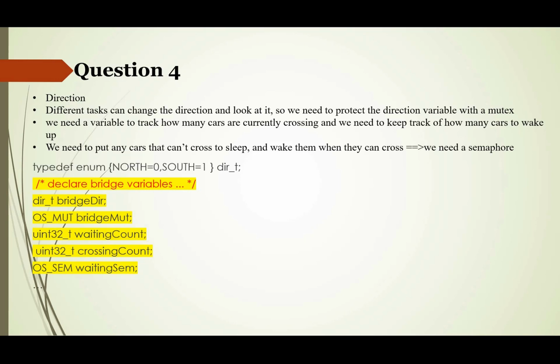We need a variable to track how many cars are currently crossing, and we need to keep track of how many cars to wake up, meaning that if some cars are crossing the bridge, the cars that want to go in the opposite direction need to be asleep, right? So we need to wake them up. The other thing is that we need to put any cars that can't cross to sleep and wake them when they can cross.